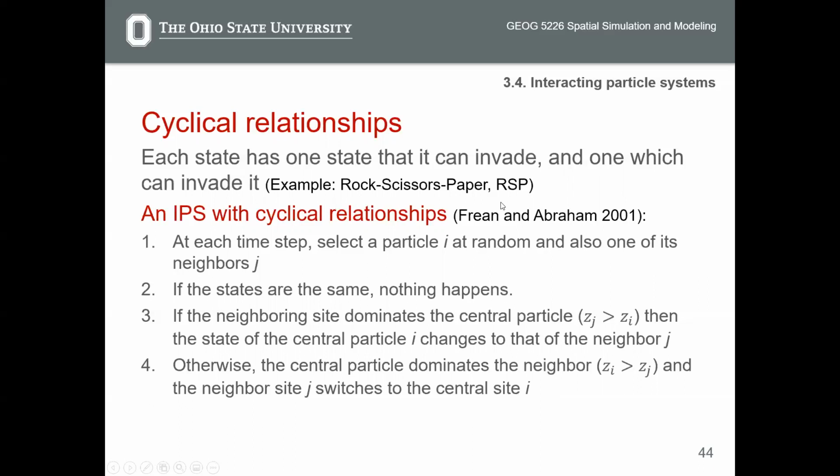If we're talking about the RSP, rock, scissors, paper relationship, you should be very familiar with that, because we played it frequently when we were children. So there is this cycle here. Instead of grass, bush, and tree, where there is no cycle and it's a food chain, here it is a food cycle.